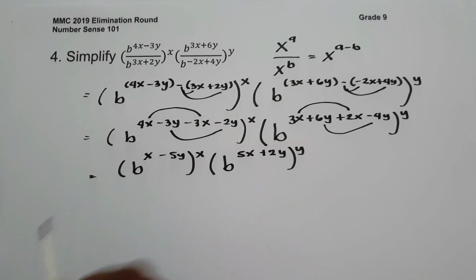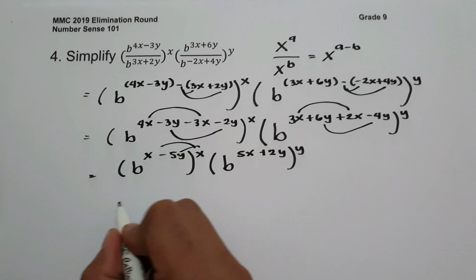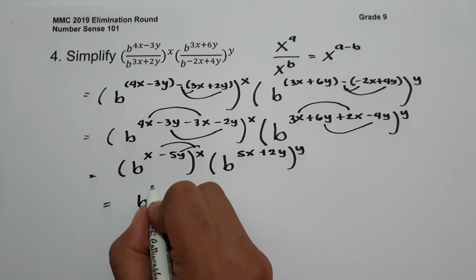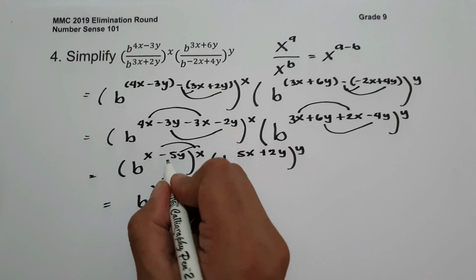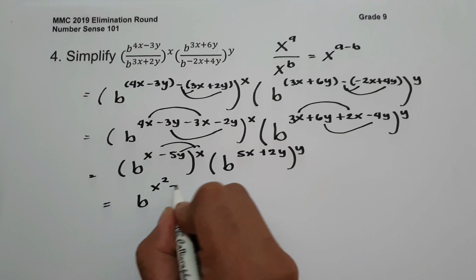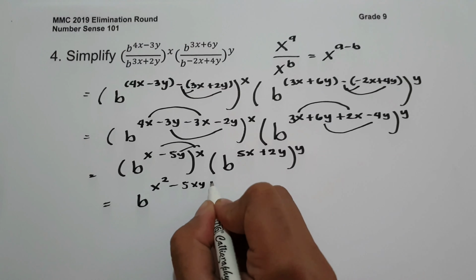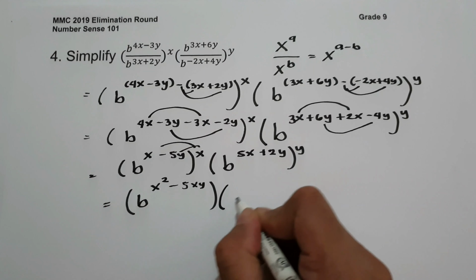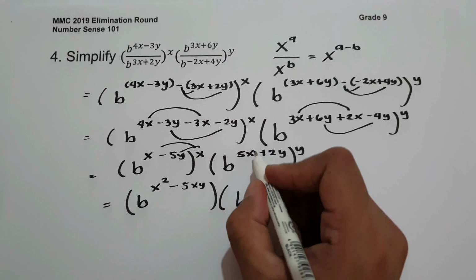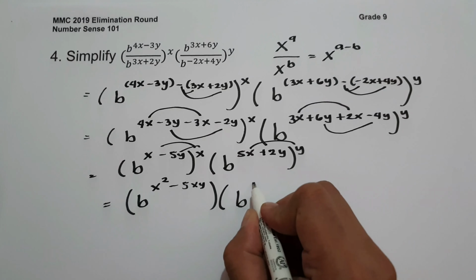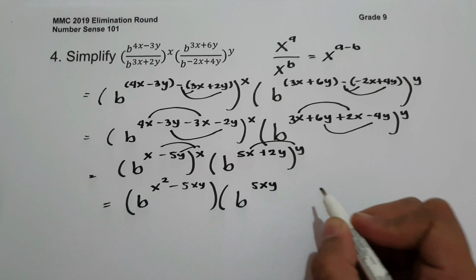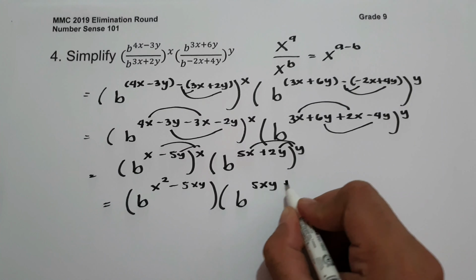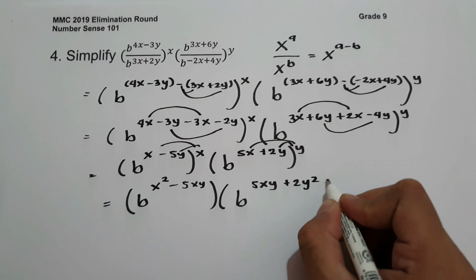And then let us distribute the exponent. Let's have b raised to x times x, that is x squared, and then negative 5y multiplied by x, that is negative 5xy, multiplied by b raised to 5x multiplied by y, that is 5xy, and then 2y multiplied by y, that is 2y squared.